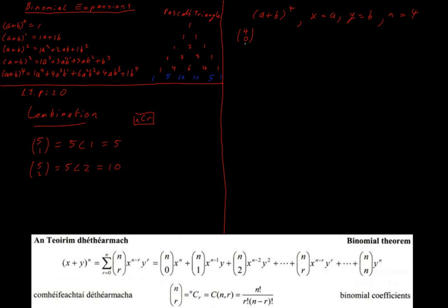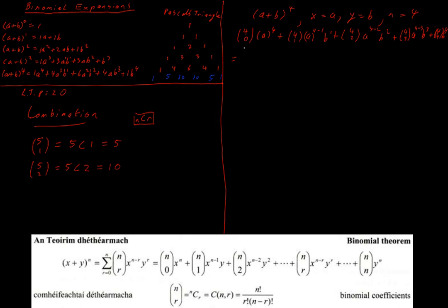It's just going to be 4 second function C 0 multiplied by x to the power of n, which is a to the power of 4, plus 4C1 a to the power of 4 minus 1, which is just going to be 3, and b to the power of 1, plus 4C2 a to the power of 4 minus 2 multiplied by b to the power of 2, plus 4C3 a to the power of 4 minus 3 b to the power of 3, plus 4C4 b to the power of 4.